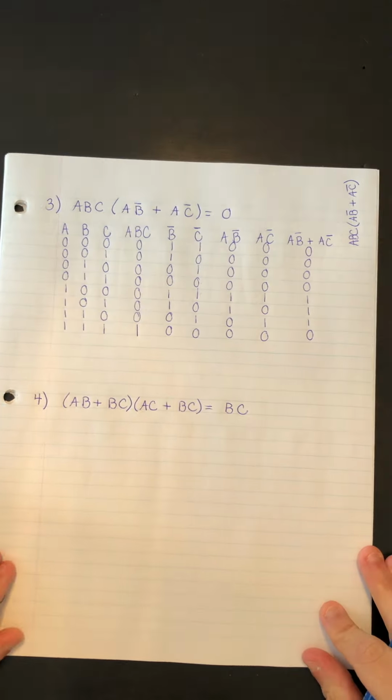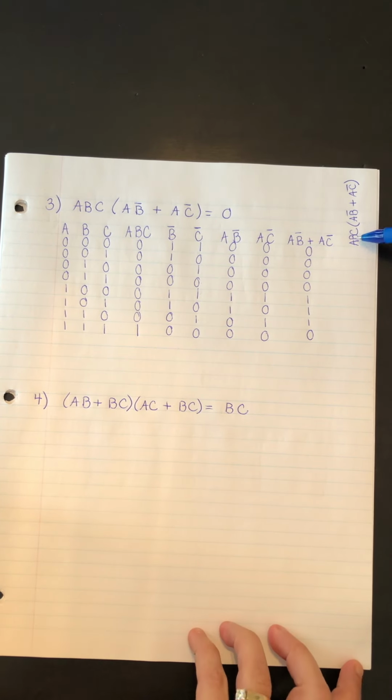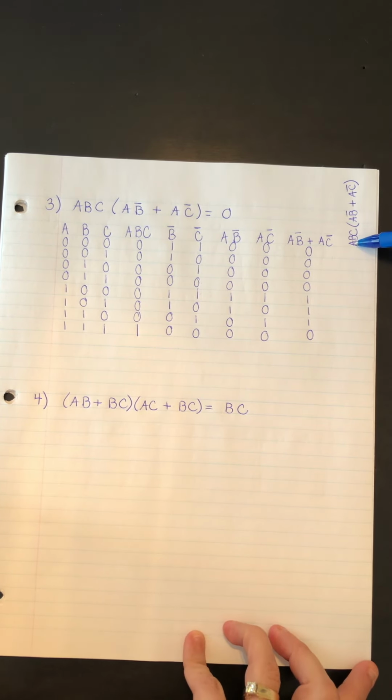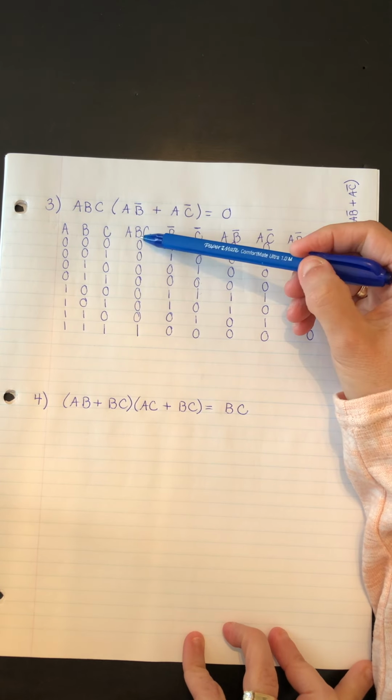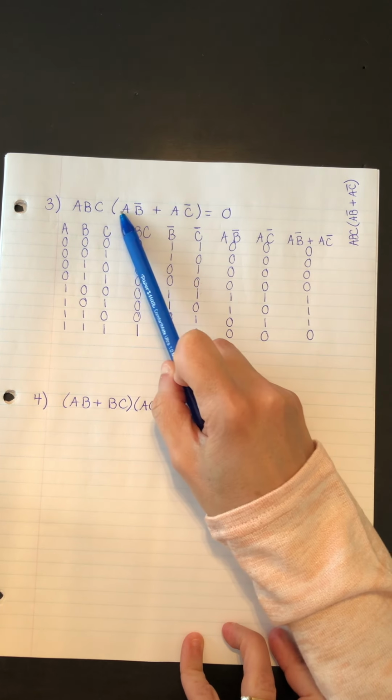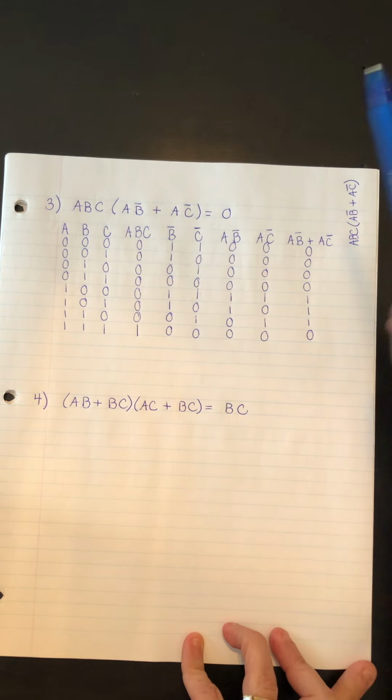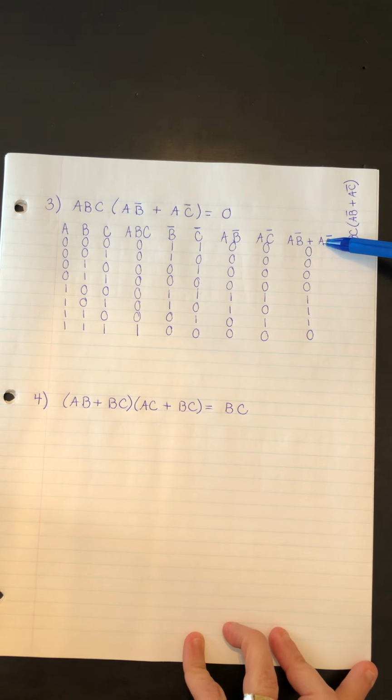Let me line that up for us again. Okay, so this is the left side expression now, and I'm going to write its output here. And to work it out, I have to be multiplying column ABC, which is here, by this column, which is the last one we did.